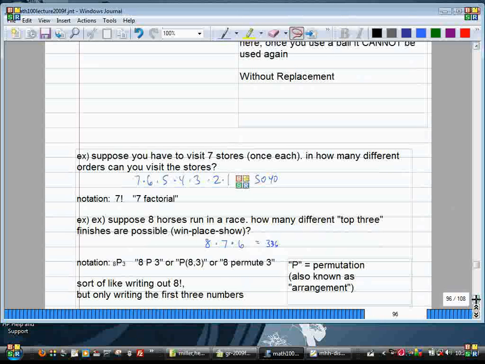What about a larger number? Suppose you have to visit 15 stores once each, then what would the answer be? Suppose you have to visit 200 stores, what's the answer? 200 factorial.